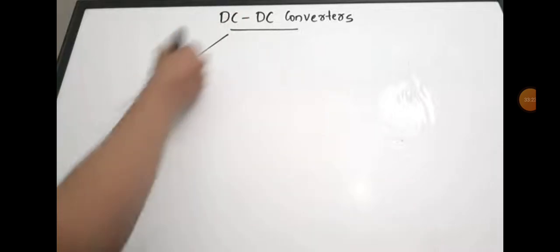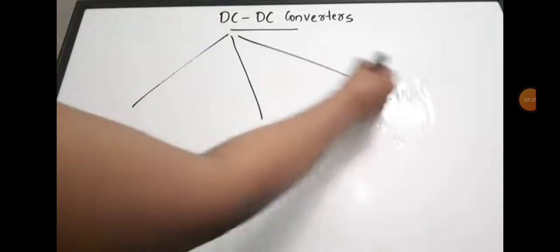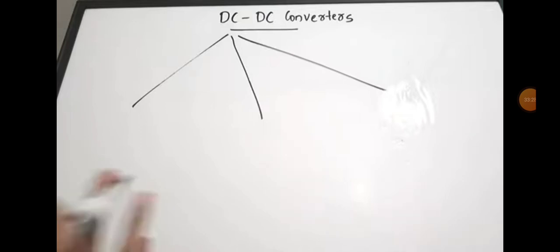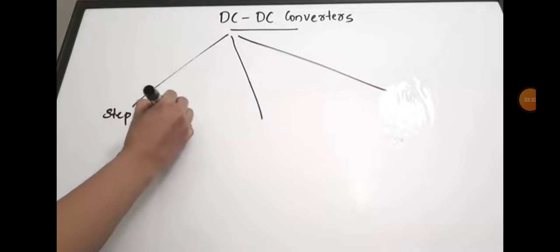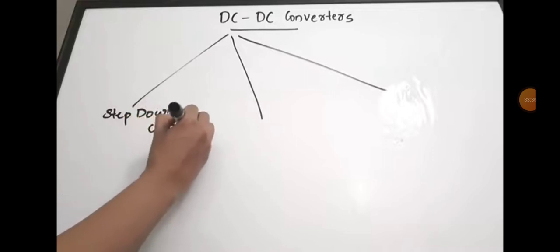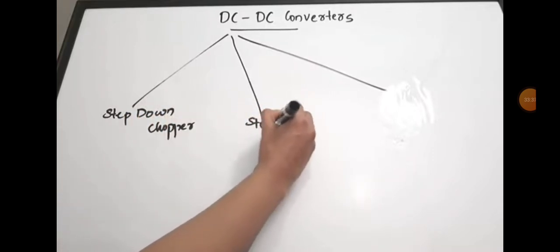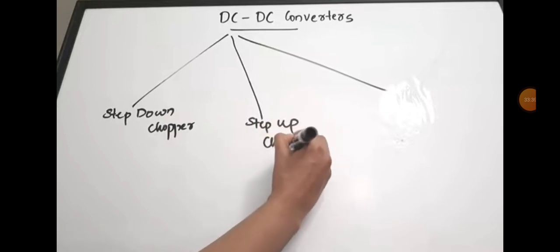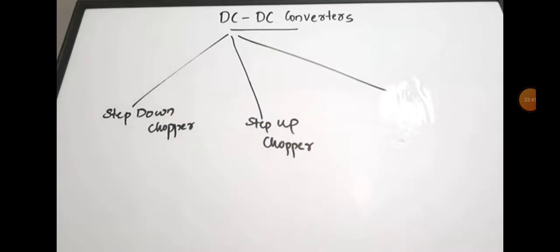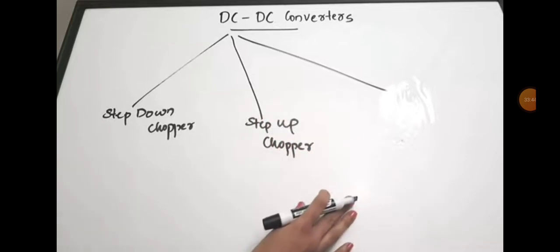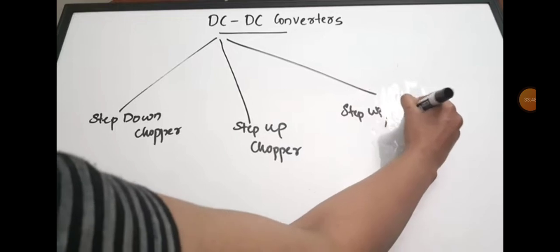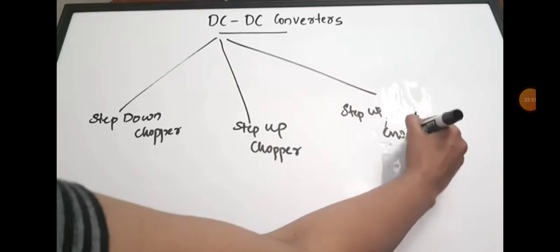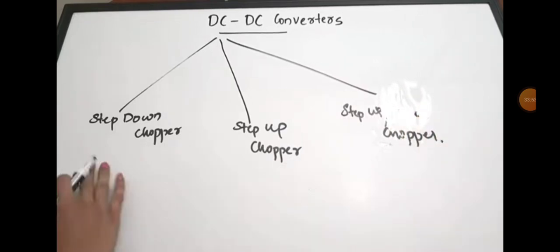So you can classify the DC to DC converter or choppers into three categories: first one is step down chopper, then step up chopper, and the last one is step up down chopper, that means it can be both. We'll discuss the basics of these three. Anyway, we'll be doing detailed videos on this.